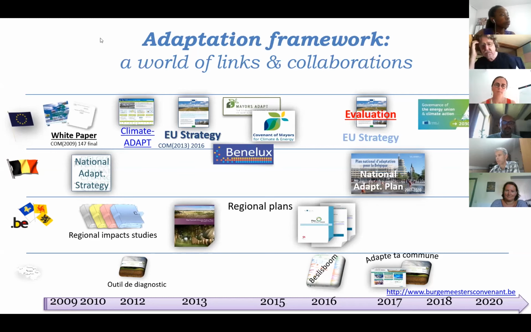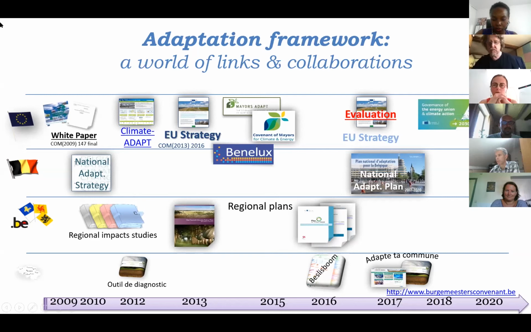Just to end my presentation with this slide, it's just to illustrate how things are going, and I show you an example here. We were at the local level, so very at the bottom of the slide with the adaptation, but many things are done more widely.